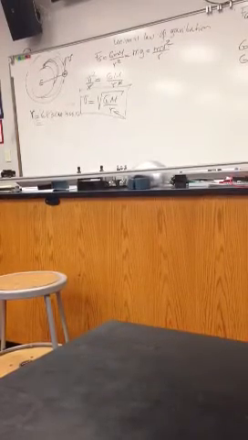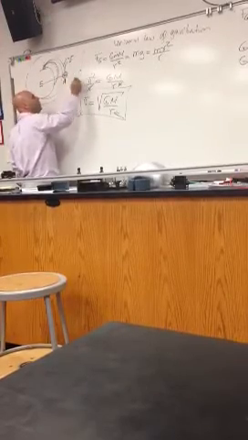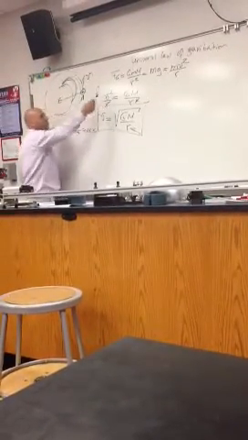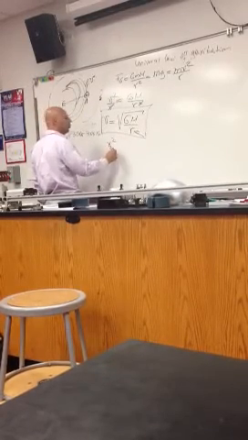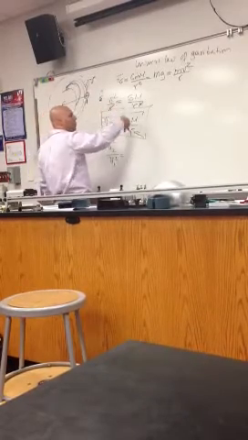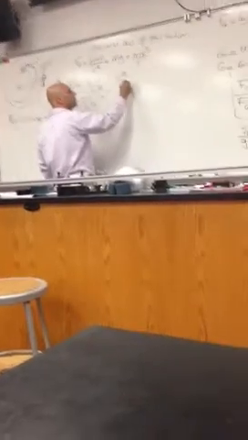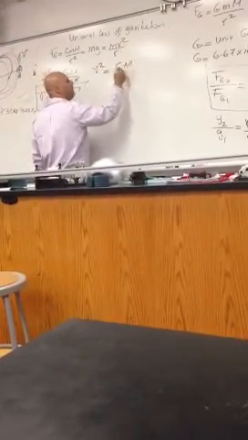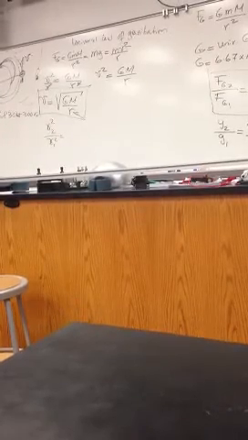How can we compare the velocity at two orbits? If this is orbit 1 and this is orbit 2, we just go to this equation. v squared is equal to GM over r, so it is inversely proportional to the radius, not to the radius squared.